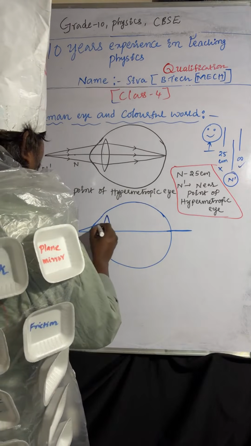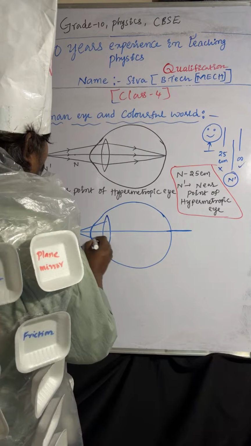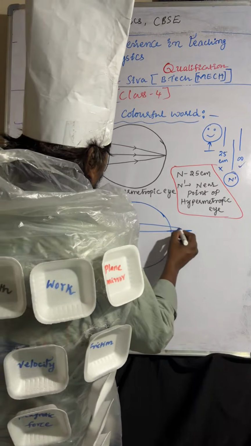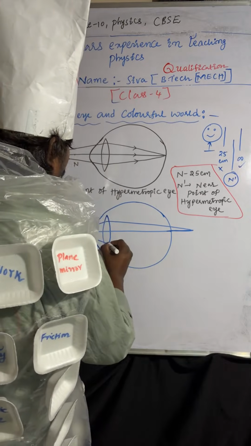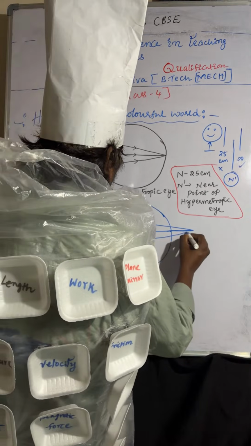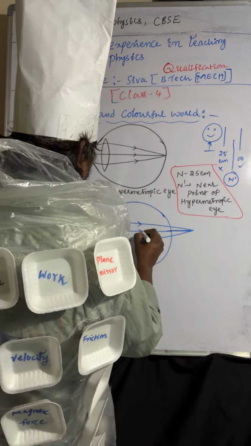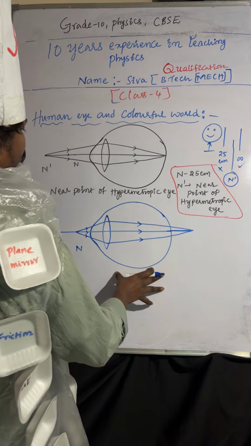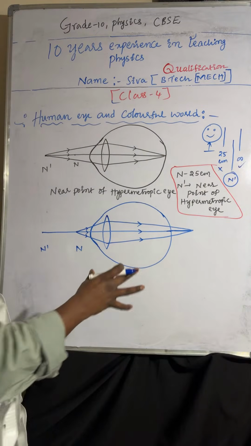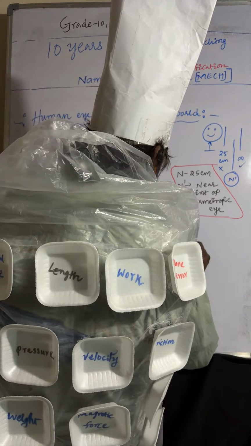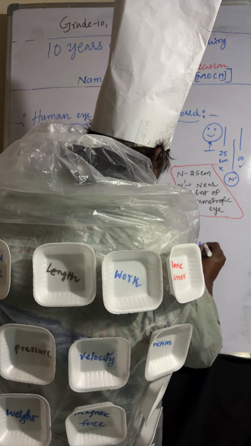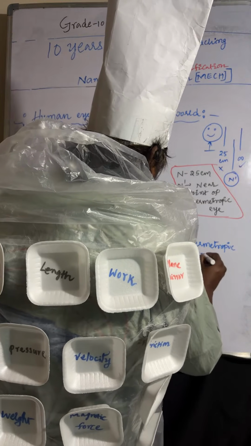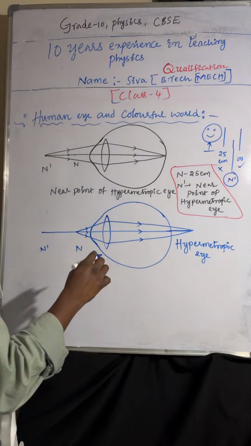If the light rays are coming from N, those light rays will meet at the retina. So this is the near point. So this is a hypermetropic eye.